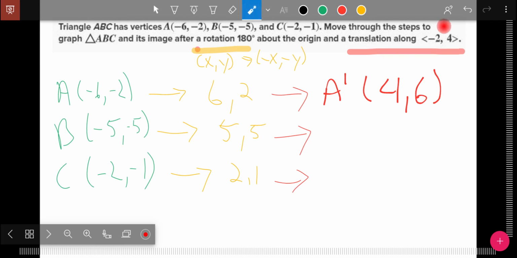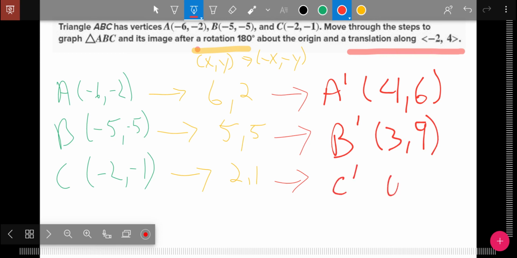Again, I'm using this vector right here. 5 minus 2 is 3. And 5 plus 4 is 9. And then 2 minus 2 is 0. And 1 plus 4 is 5. And so that's how I get from one to the other.